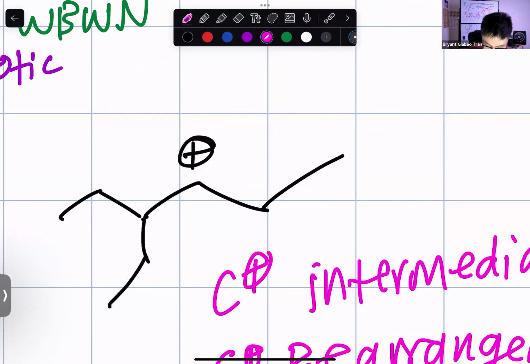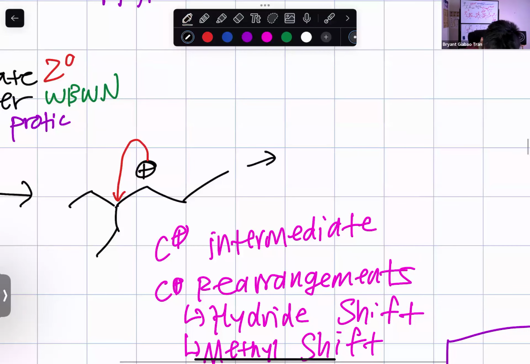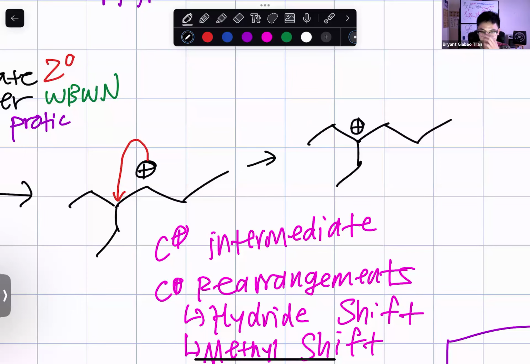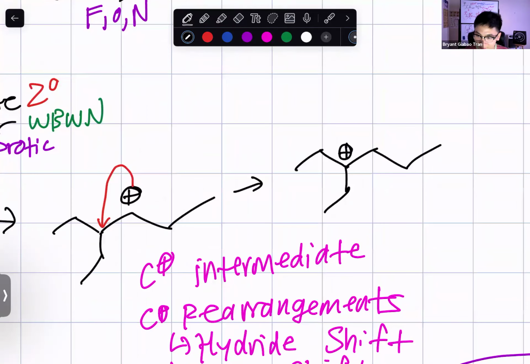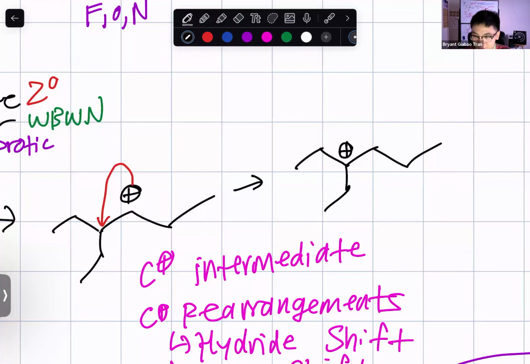But do not do this on the test, right? Do not draw that positive charge moving to the carbon there and saying that it creates this structure here. What's wrong with that arrow? Yeah, arrows should move electrons.